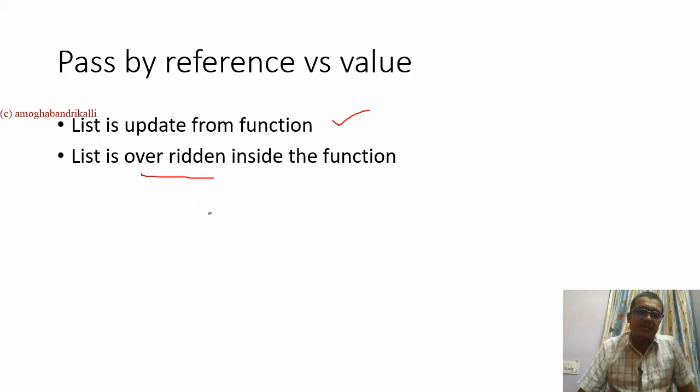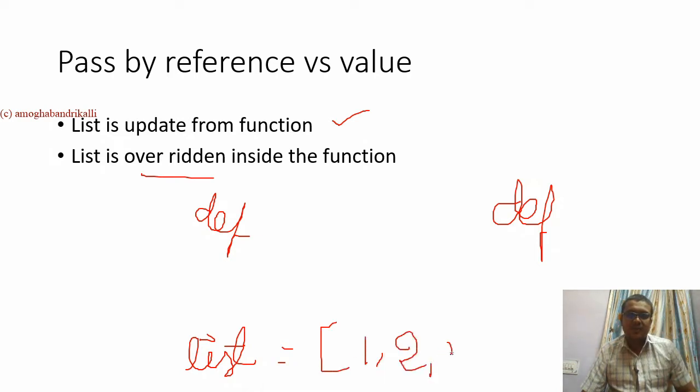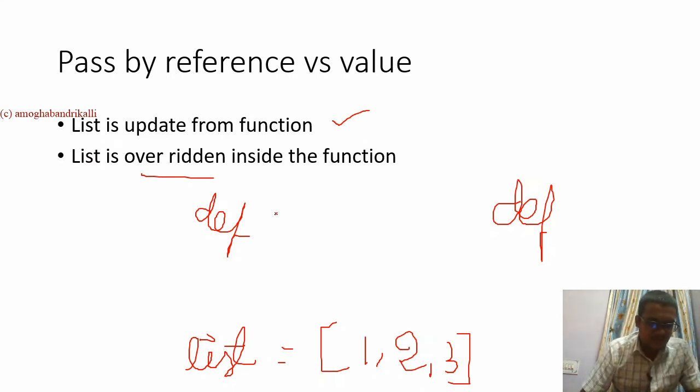So we have defined two functions here. The first function is going to update the list. So list, you know, you are going to declare some list here. A list will have square brackets. So here the function name can be like change. You are calling this function name and you are going to send the list you have just created.